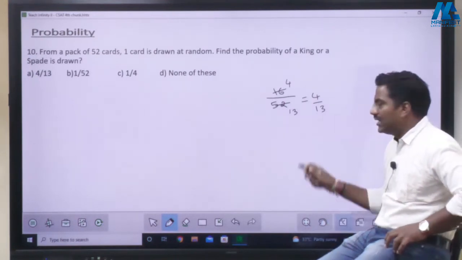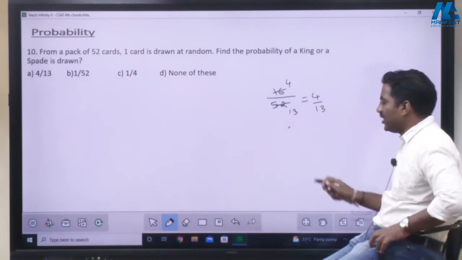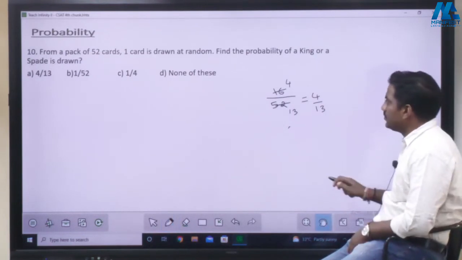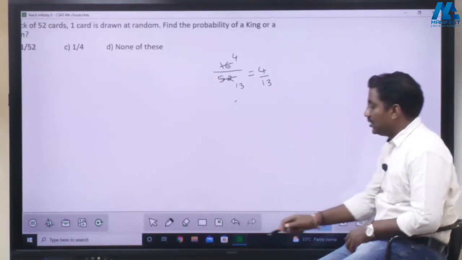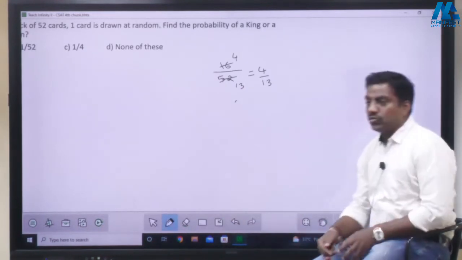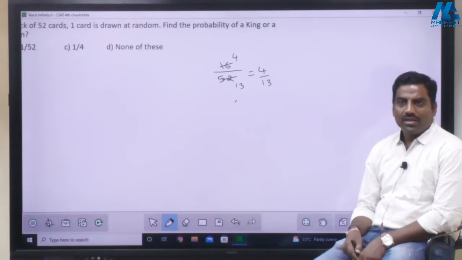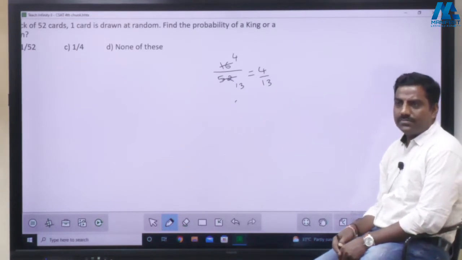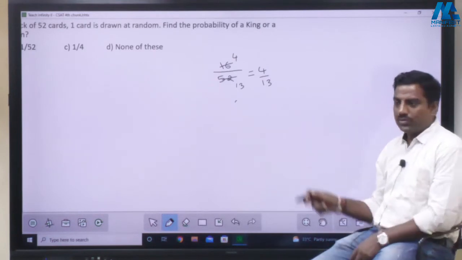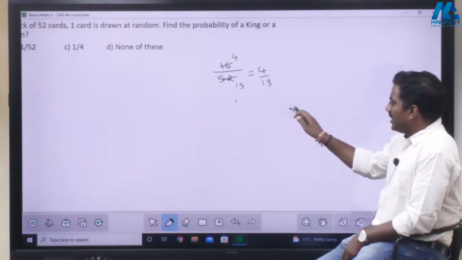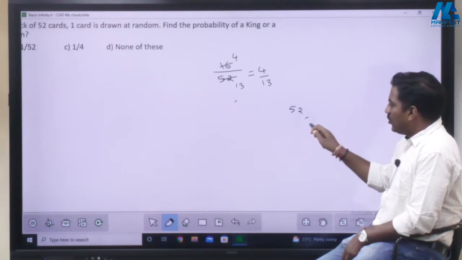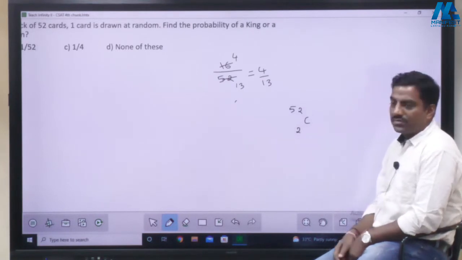So out of 52 cards, how many are you picking? 2. So out of 52, you are picking any 2, right? So what is the combination? 52 C2.